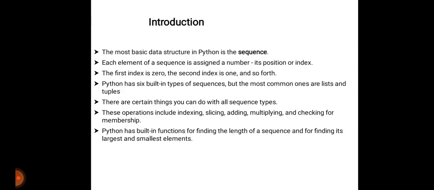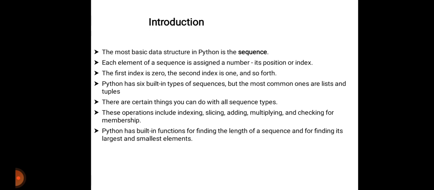First of all, the introduction: what is meant by a list. The most basic data structure in Python is a sequence. Each element of a sequence is assigned a number, its position or index. So the first index is 0, the second index is 1, the third index is 2, the fourth index is 3, and so on.